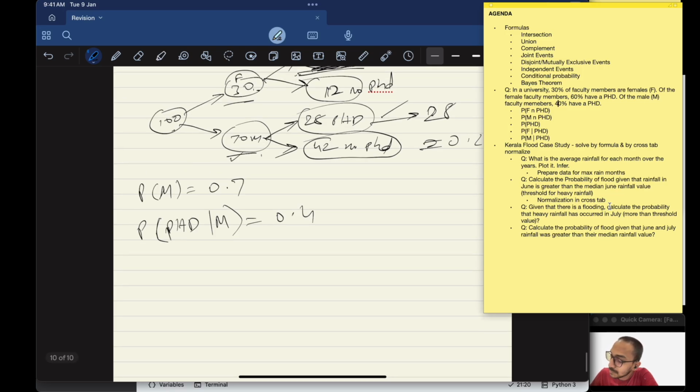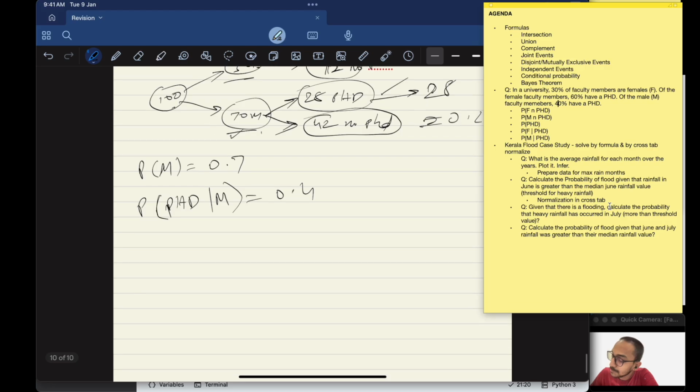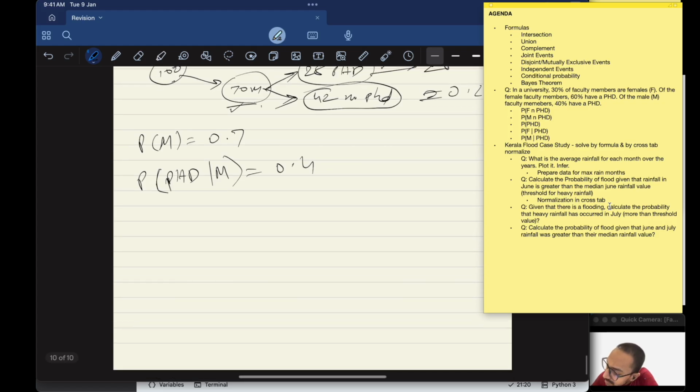Right, so of the male faculty members, 40% have PhD. So we know 40% of them have PhD. Now we'll set it in the formula.